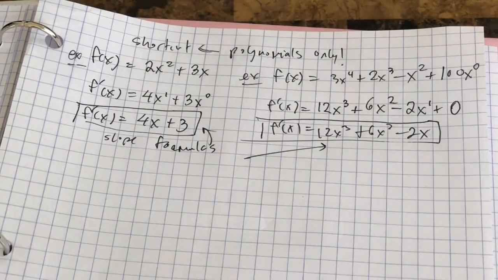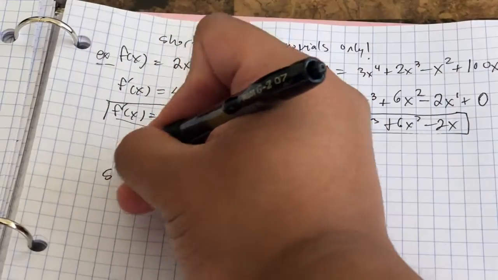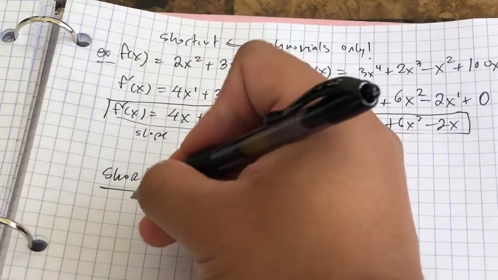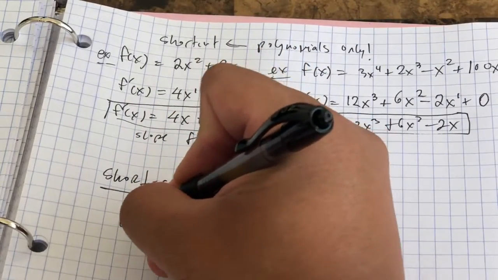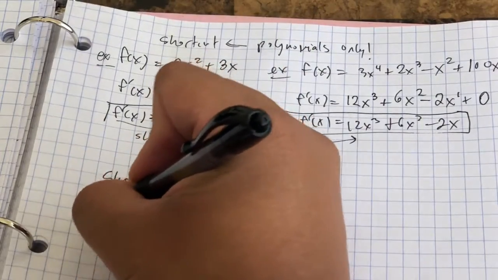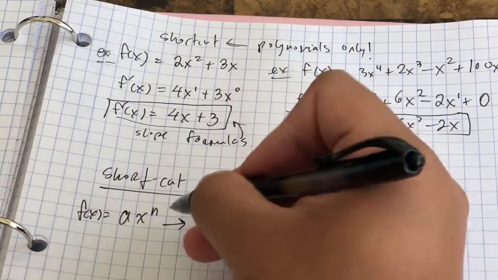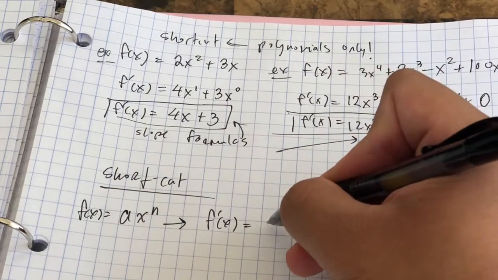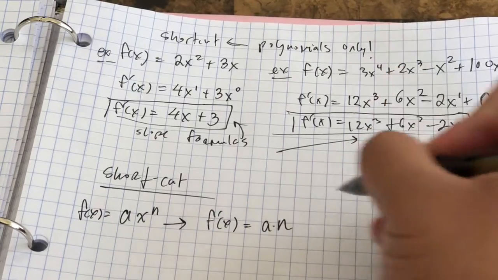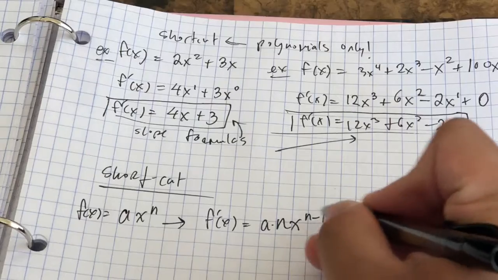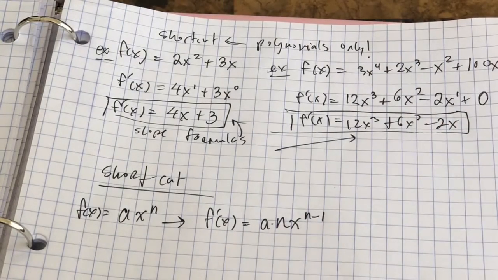Okay. Here is the shortcut. What we're doing is the derivative of anything. If you have f of x equals this, what's happening is the n drops and multiplies times the coefficient, and the new exponent subtracts by 1.